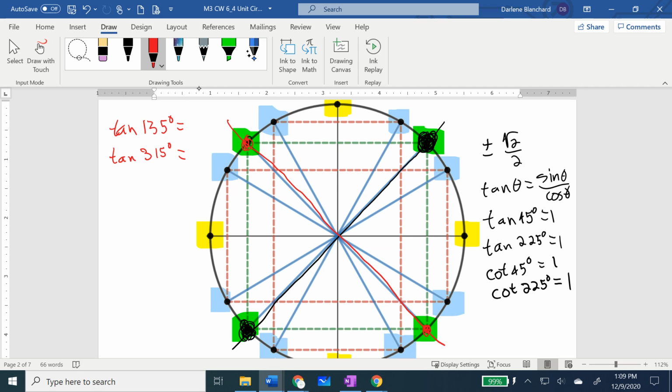If I look at this point, the sine value is positive root 2 over 2. The cosine value is negative root 2 over 2.